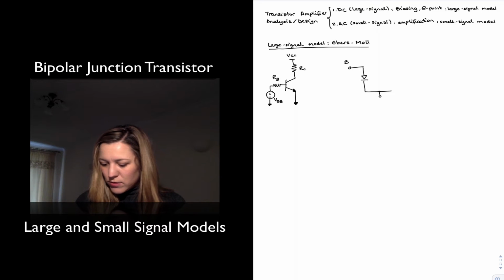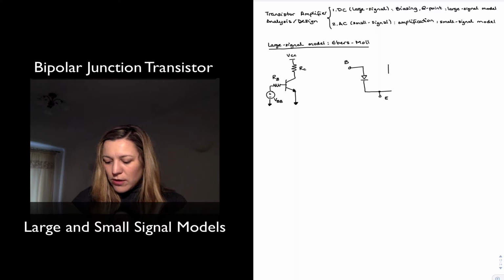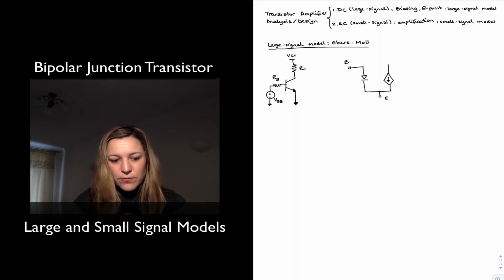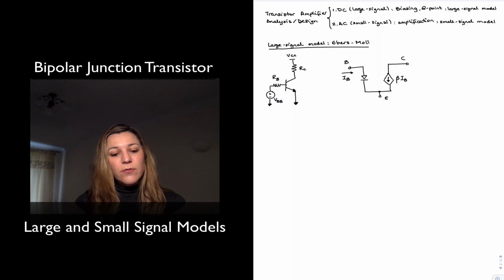And then the collector current is equal to beta times the base current. So beta times IB, where IB is the current going into the base. Another thing to notice is that I'm using my DC signal representation, so capital letter, capital subscript.